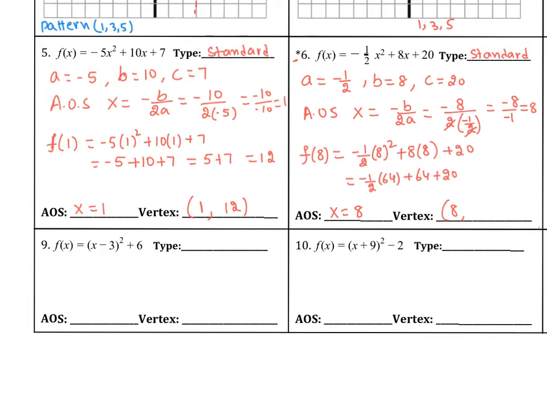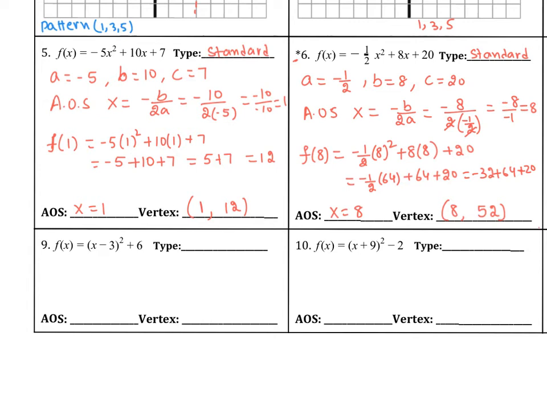So half of 64, 64 divided by 2 is 32. So half of 64 is negative 32 plus 64 plus 20. And that's going to give you 52. So the vertex is 8, 52.